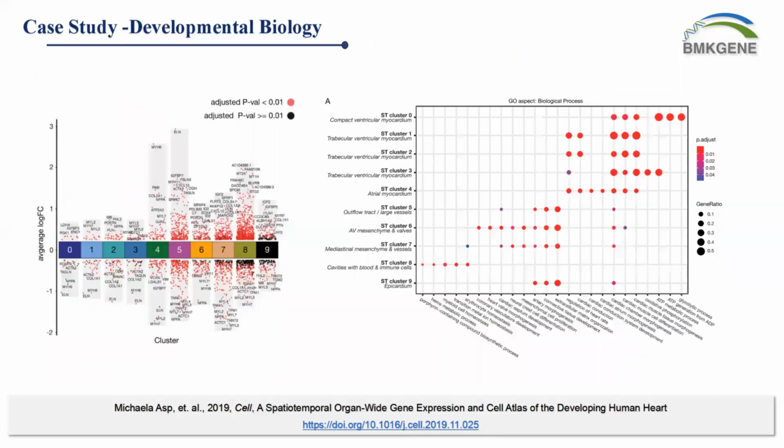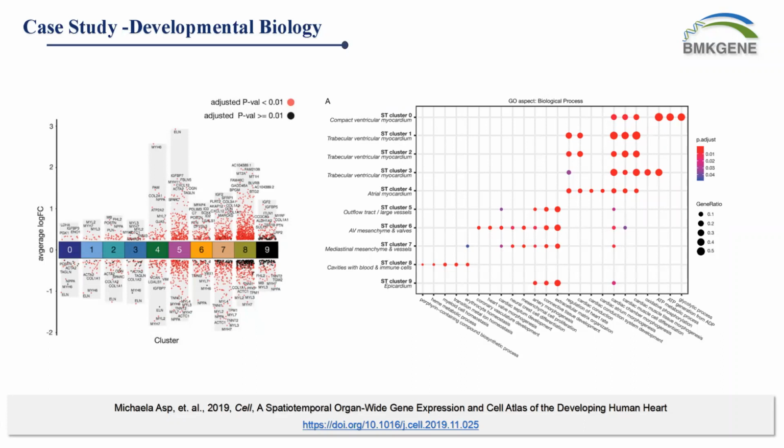And also what they did on the spatial transcriptome sequencing data is that they tried to get the differentially expressed genes in every single cluster from cluster 0 to cluster 9, and then they put these DEGs into GO enrichment analysis.